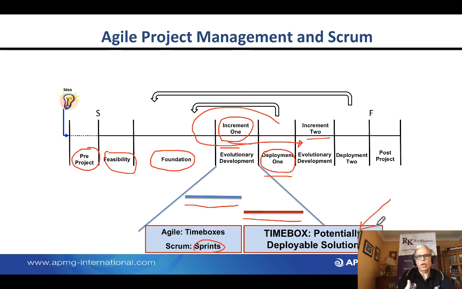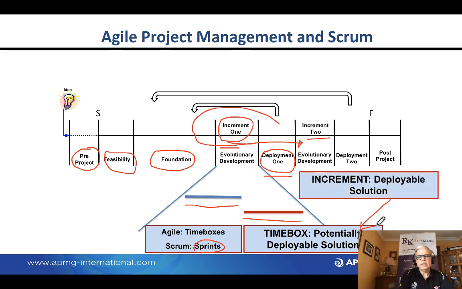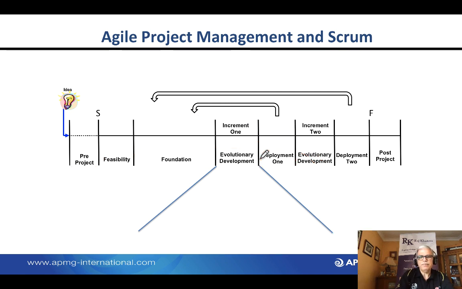So it's a part of an overall solution. Whereas at the end of an increment, we deliver a deployable solution. So whatever we deliver at the end of this increment needs to be deployed. I hope you can see the difference. At the end of a sprint or a time box, it's potentially deployable, whereas at the end of an increment, it is deployable. So we are going to give it to the users to start using it.